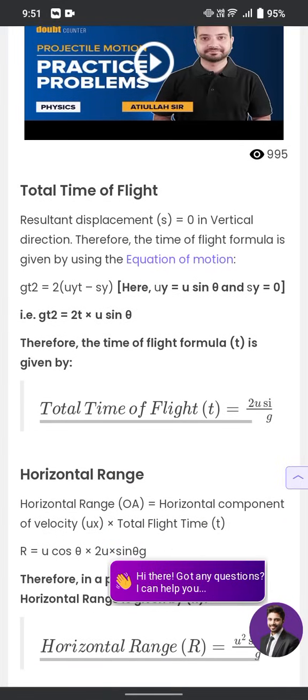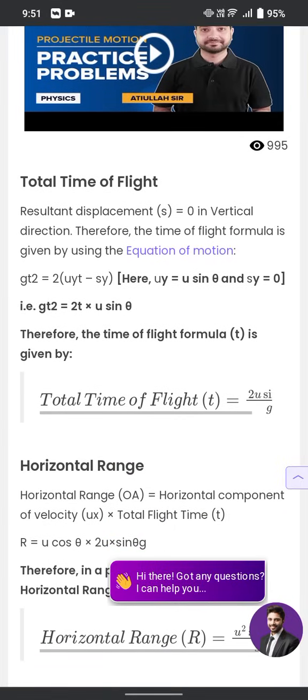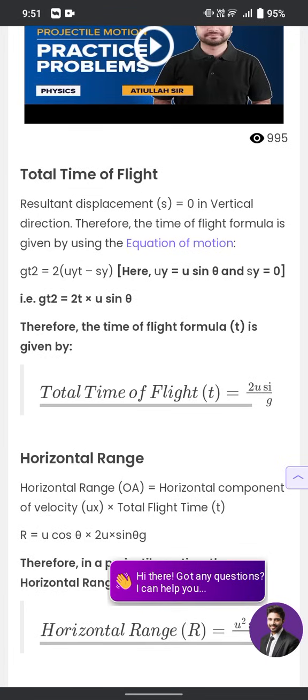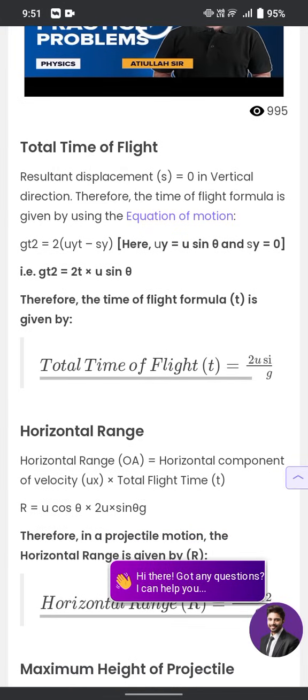Total time of flight: the resulting displacement is equal to 0 in the vertical direction. Therefore, the time of flight formula is given by using the equation of motion.